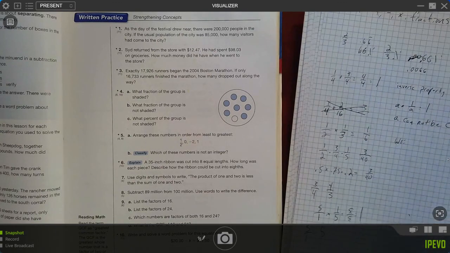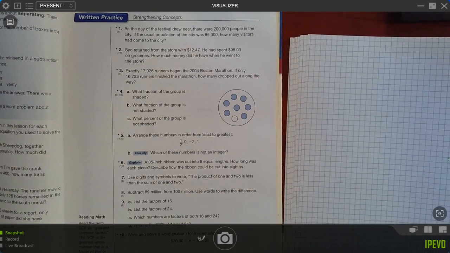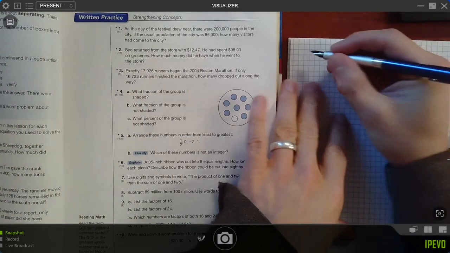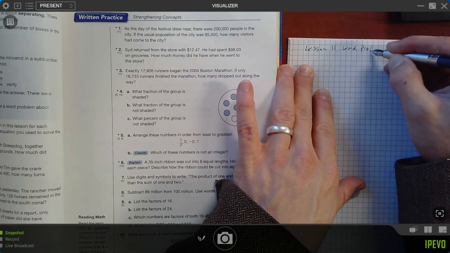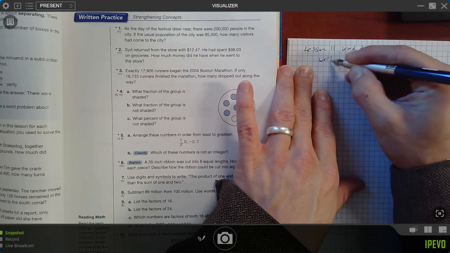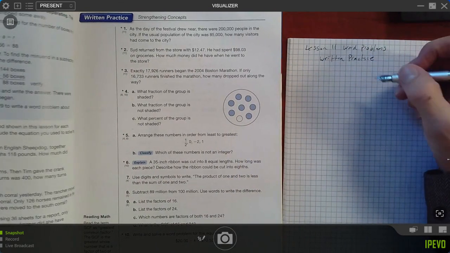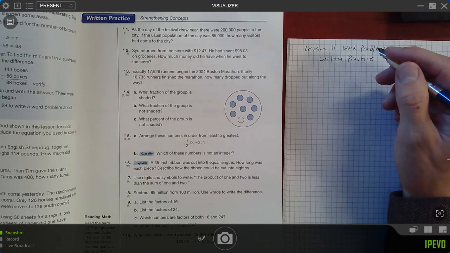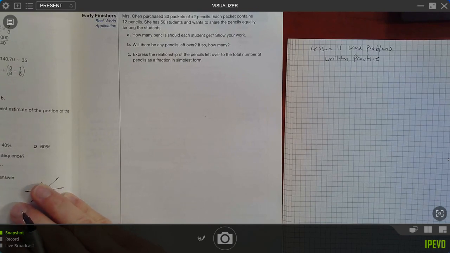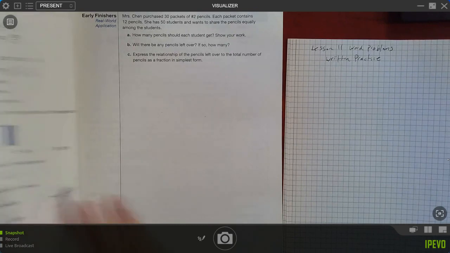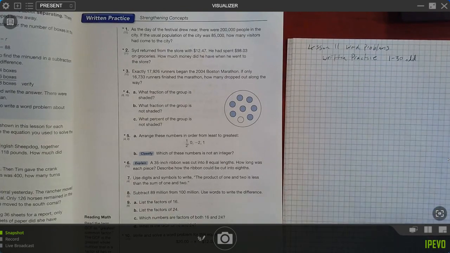So switch over to Lesson 11, word problems, written practice. Let's just go ahead and do 1 through 30 odd. Okay, so 15 problems for you there.